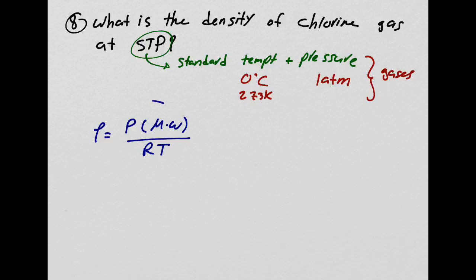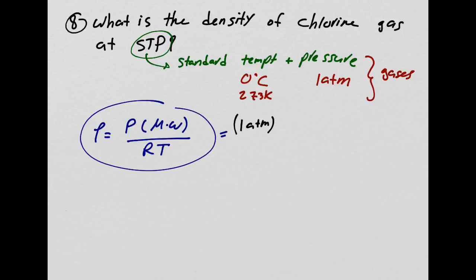It's a good formula to know. You can derive it from PV equals nRT, but it's easier if you just know this formula. Density of gases is pressure times molecular weight over RT. Okay? Alright, what is my pressure here? It is 1 atm because it's STP.